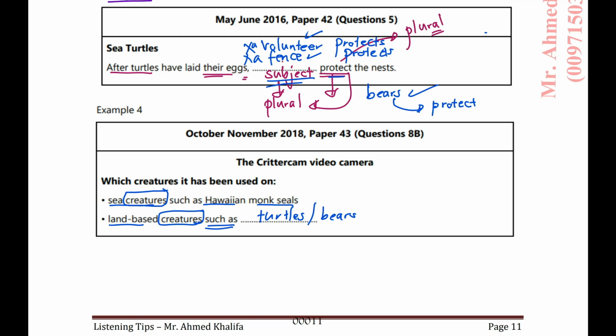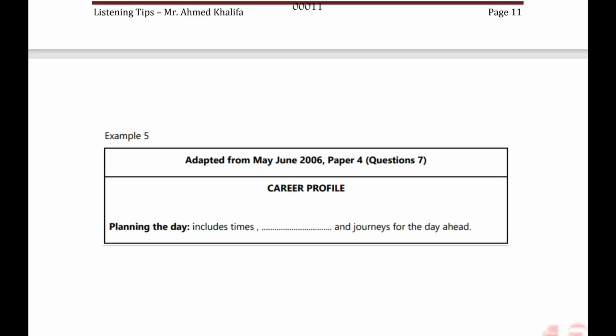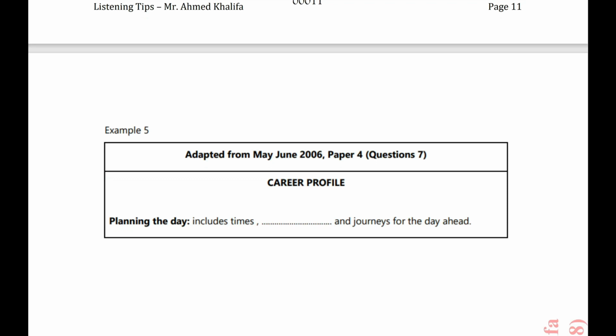Fair enough. The last example we will take here is example number 5. Planning the day includes what? Times. You remember this? Career profile. Then a comma, so it is clear there is a list here, and journeys for the day ahead.